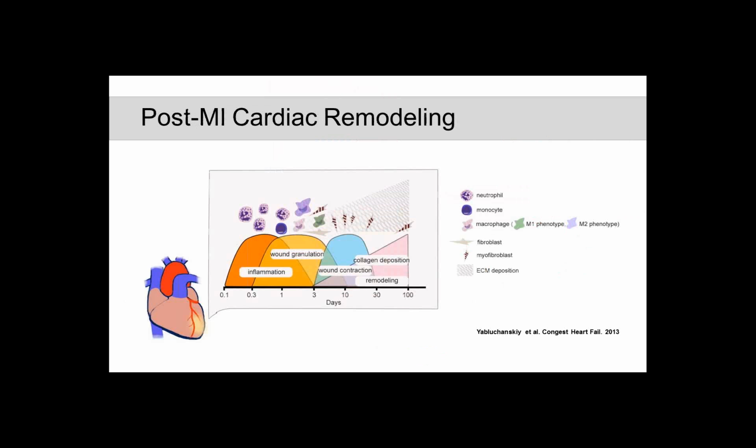And so after MI, the cardiac remodeling process involves a continuum of inflammatory and wound healing scenarios where leukocytes infiltrate and then fibroblasts get activated to form a collagen scar. And so the slide here just demonstrates the time progression in the cells that are involved with cardiac remodeling.